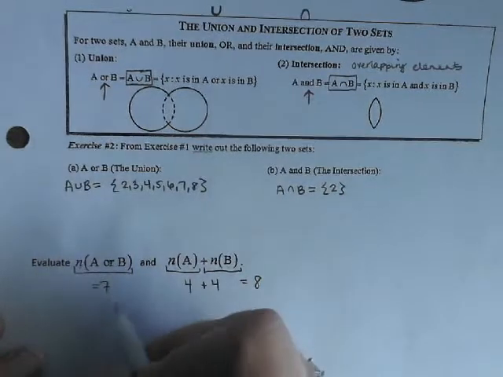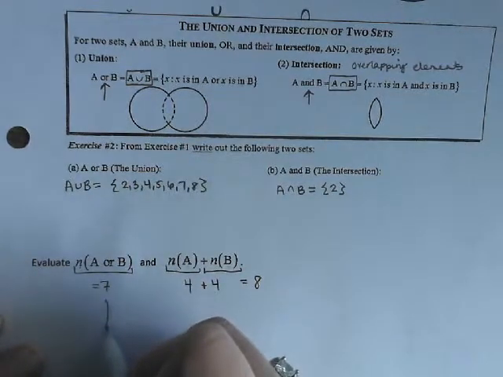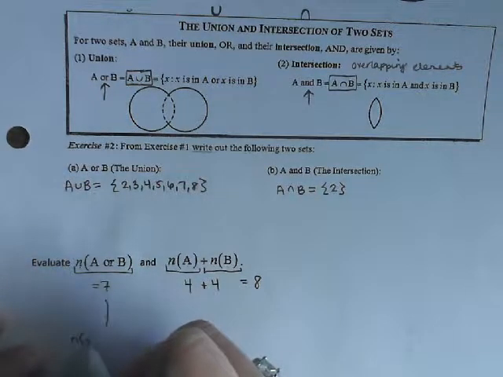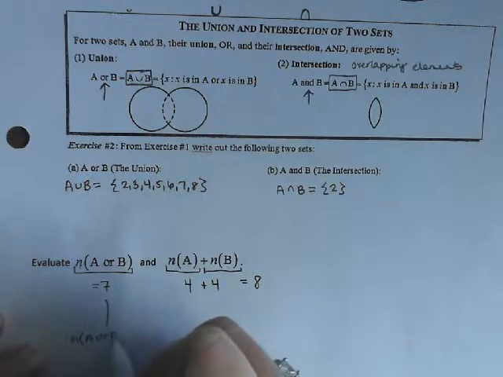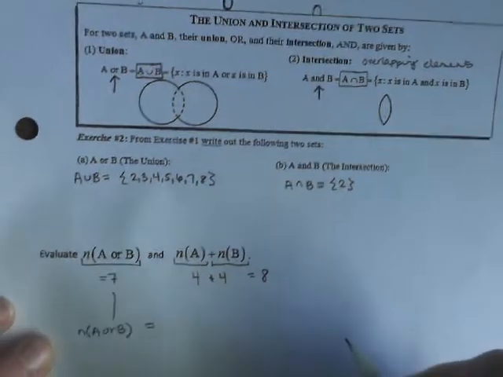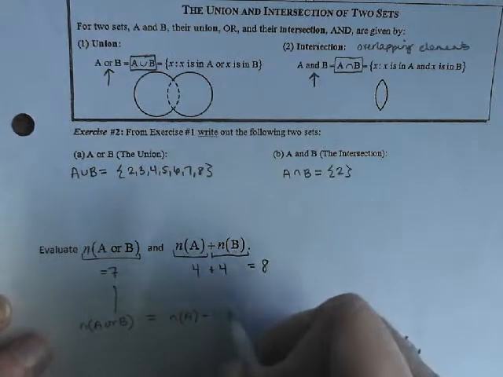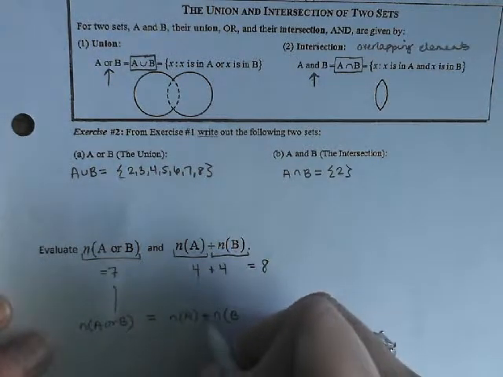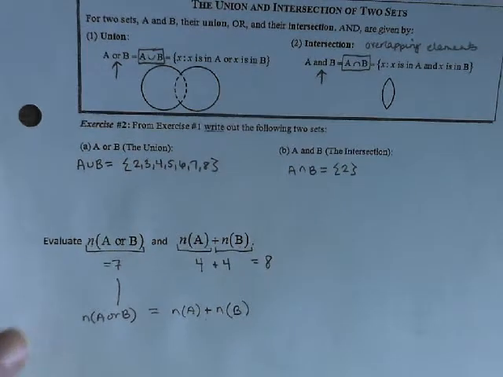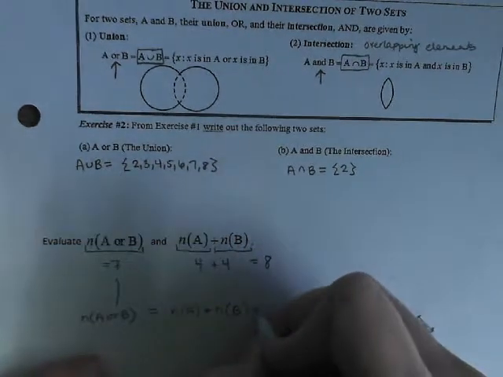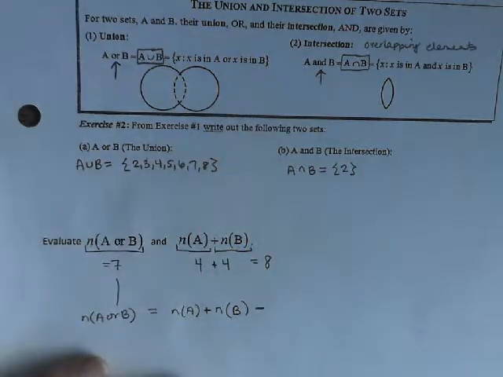So the point I think that they're trying to make here is that the number of items in A or B will equal the number of items in A plus the number of items in B, but you have to subtract the overlap.